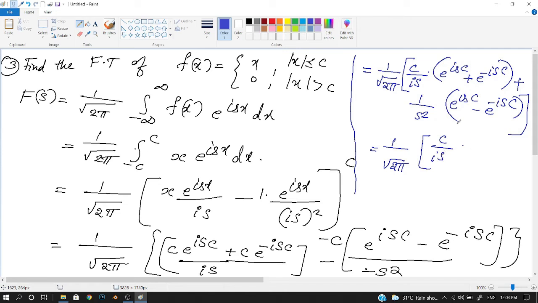here we have 2 cos s c. Then in the next quantity, 1 by s square into 2 I sin s c. Now we can group the terms.